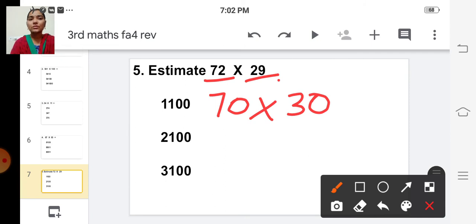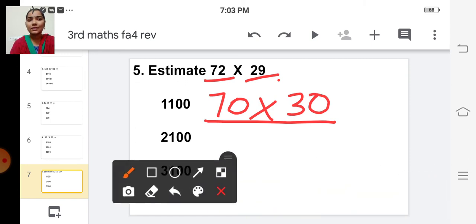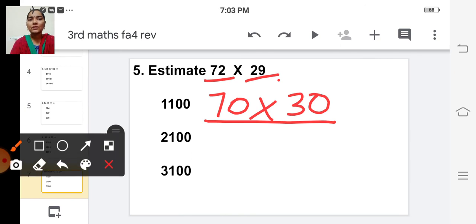Okay. So now we are going to multiply these two numbers. So 70 into 30. So here we are having two zeros, isn't it? So write two zeros at the end.